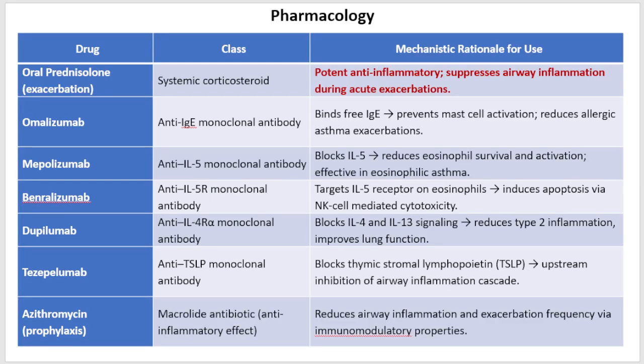Dupilumab expands this by blocking interleukin 4 and interleukin 13 signaling, while tezepelumab acts even further upstream, inhibiting TSLP to dampen the entire inflammatory cascade. Finally, azithromycin, though an antibiotic, is sometimes used prophylactically for its immunomodulatory effects, reducing exacerbation frequency.